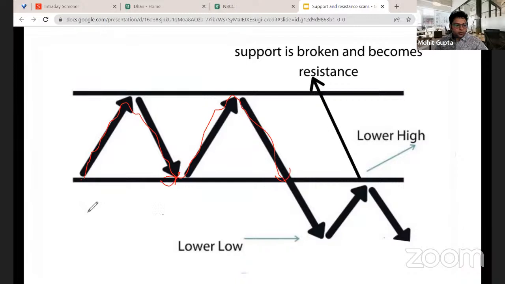So now this point was a support level, correct? The stock was finding a support here. At this point of time, we figured out that the stock broke the support level. So whenever a stock breaks a support level, it means that whatever buyers were there at this point of time, they were satisfied, and now more sellers are available at this price point, psychologically speaking, right?